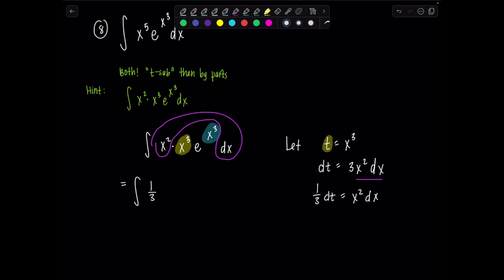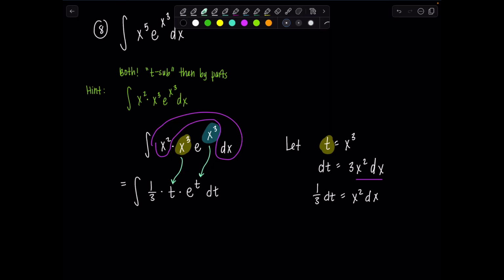Be nice, Professor V. Okay, that's t. That's t, right? Okay, so 1/3 times t times e to the t dt. Take a second. Are you all right? This is t right here. I will draw arrows for you. Maybe that will be helpful. This is t, e to the t, and then the other part is the kidney bean.